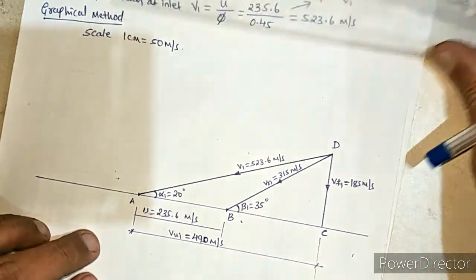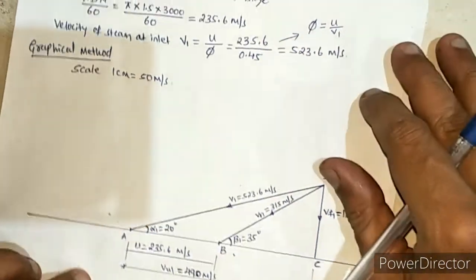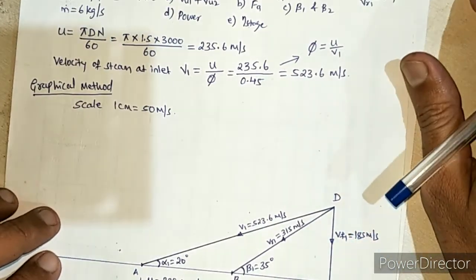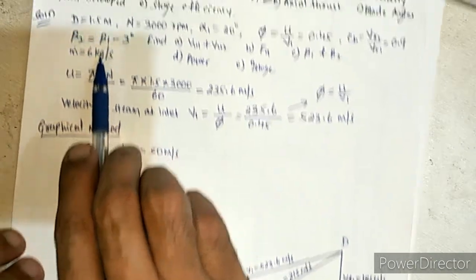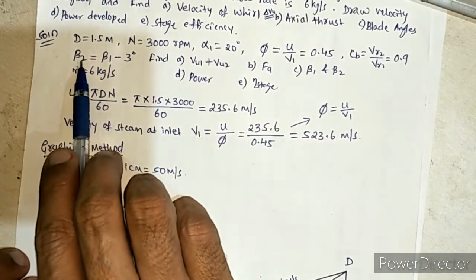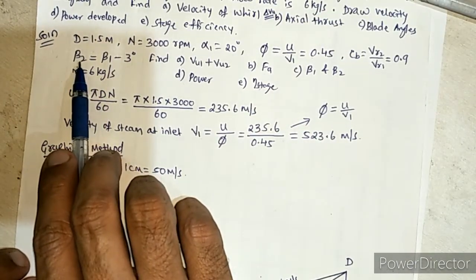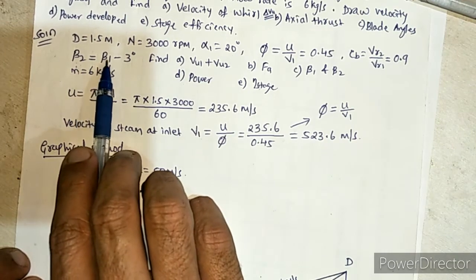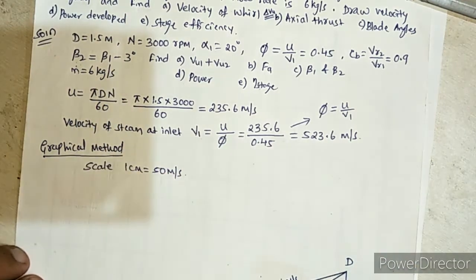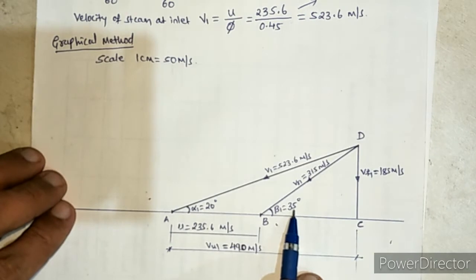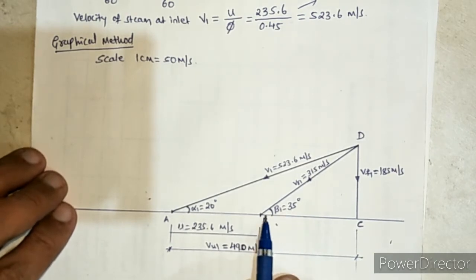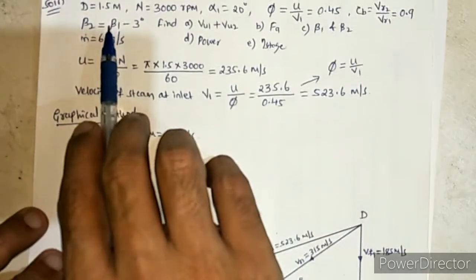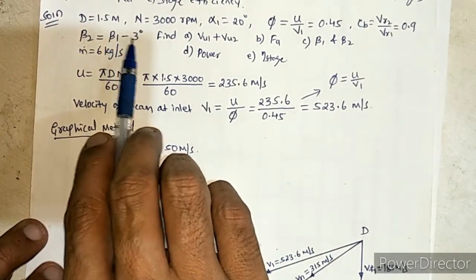Here it is clearly mentioned in the problem that beta 2 is the outlet blade angle, and the value of this is beta 1 minus 3. I have obtained the beta 1 value as 35 degree, so definitely beta 2 will be 32 degree, because beta 2 is equal to beta 1 minus 3.